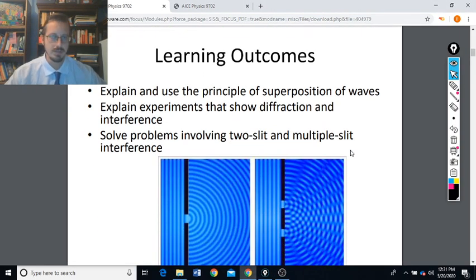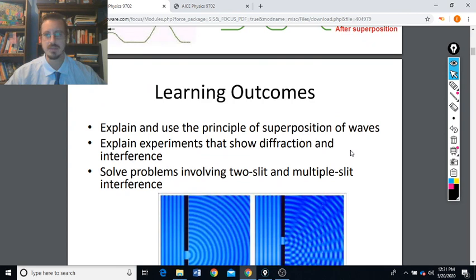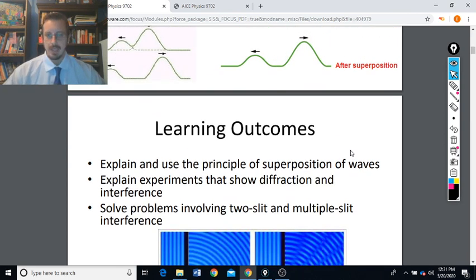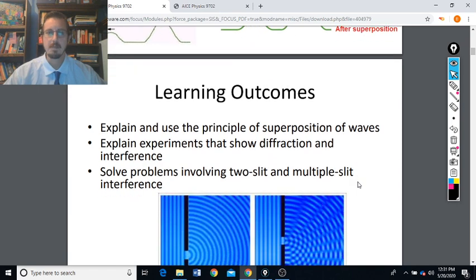The learning outcomes associated with this are to explain and use the principle of superposition of waves, explain experiments that show diffraction and interference, and solve problems involving two-slit and multiple slit interference. Each one of these learning outcomes really leads to the next one.